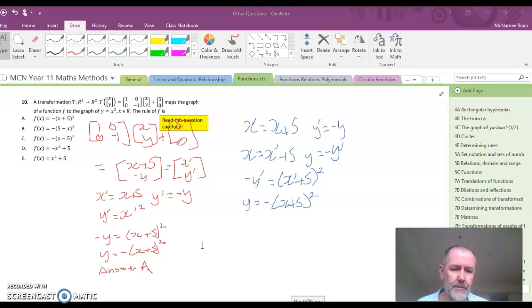Okay, look, hopefully you all spotted my mistake there and you're all screaming out, hey, that's wrong. Here I was trying to solve this very simple bit of algebra and I got it wrong. x would in fact be x dashed minus 5. So let me just get the eraser out.